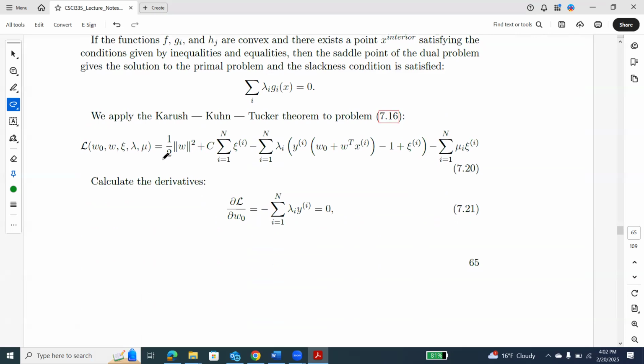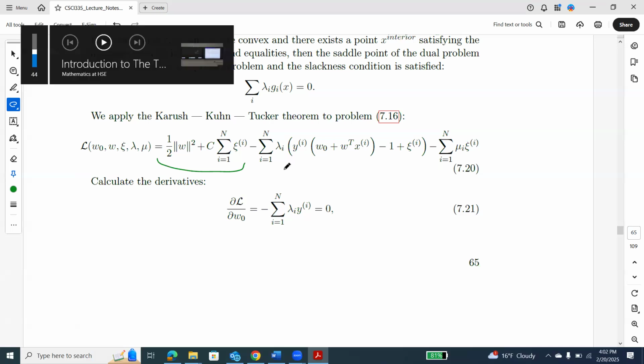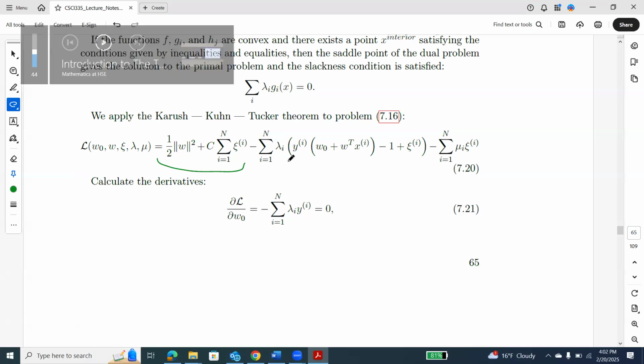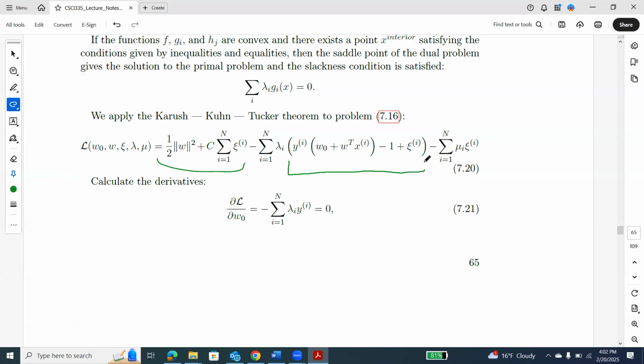So this is our function f. This is our constraint on the margin, equal to 1 minus xi, and our inequality constraints, xi greater than or equal to 0. Now we take the derivatives.